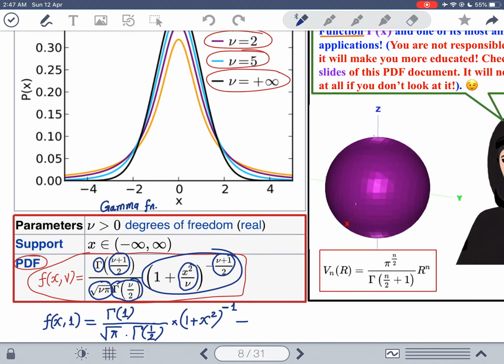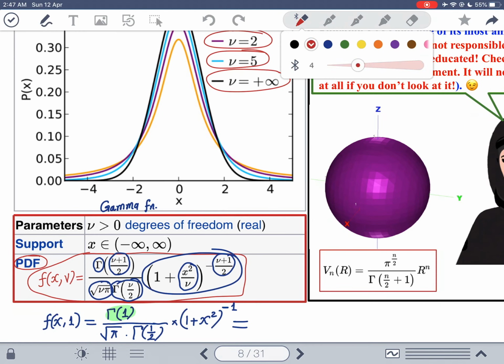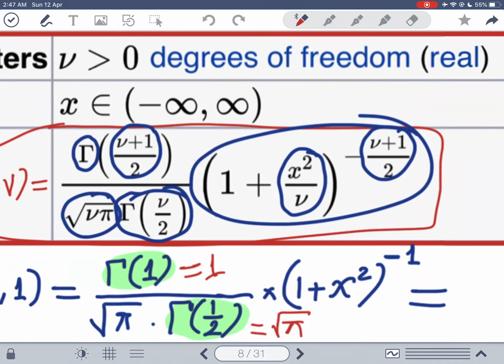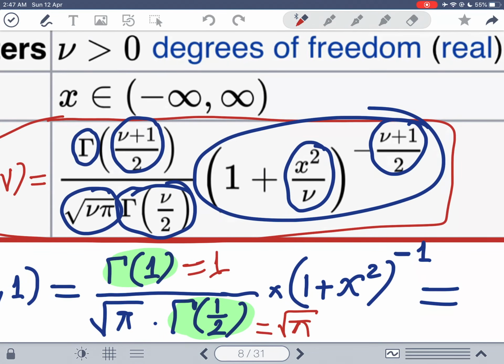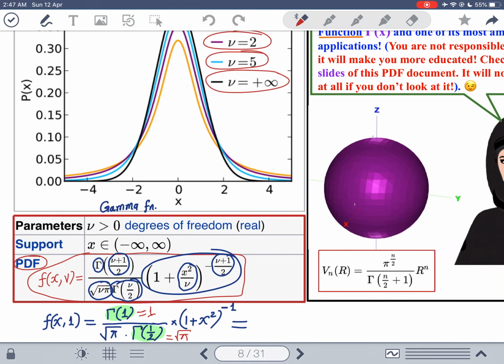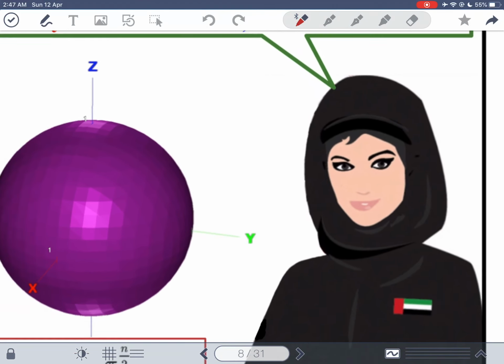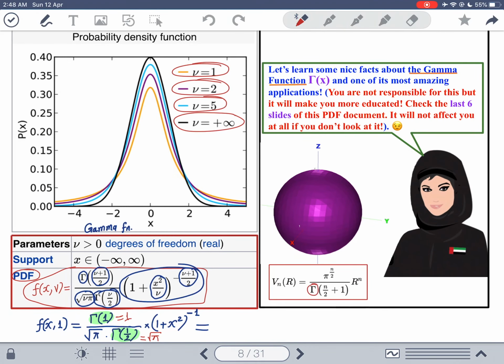Let's simplify. Quickly, gamma of 1, if you compute it, is 1. Gamma of 1 is 1, and gamma of a half is radical pi. You're not responsible for knowing it, but it's one of the most important values of gamma. Remember this one, because Lanoud will teach you something important about the gamma function later.